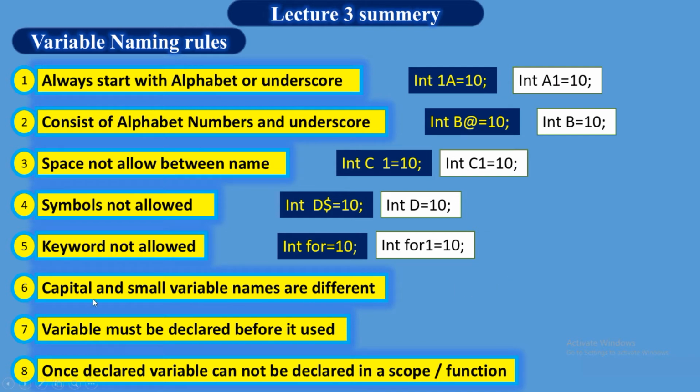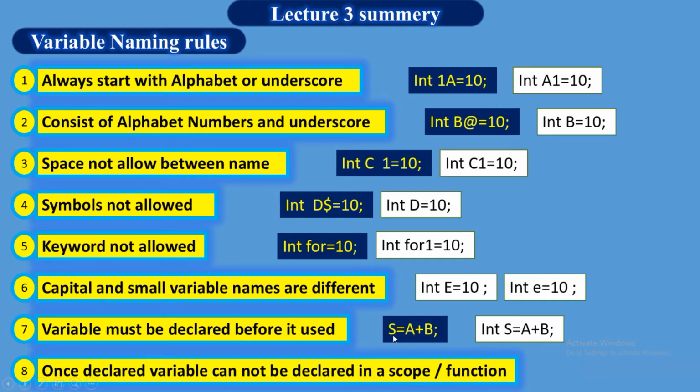The next rule is that capital and small variable names are different. Int E is equal to 10 and int small e is equal to 10 are two different variables. Rule number 7: a variable must be declared before it is used.